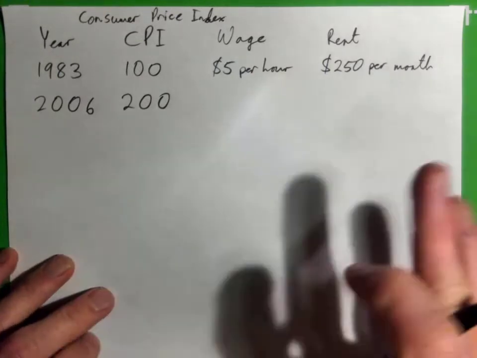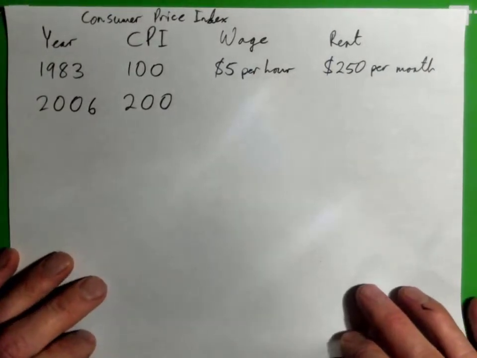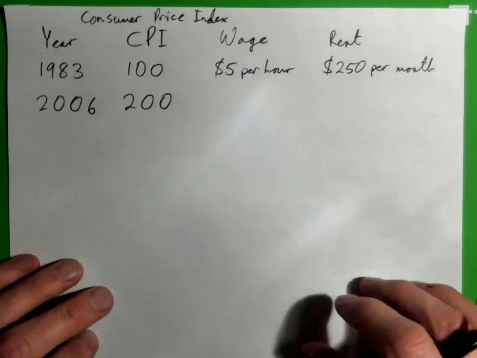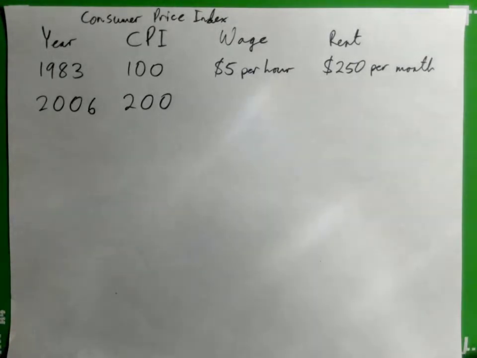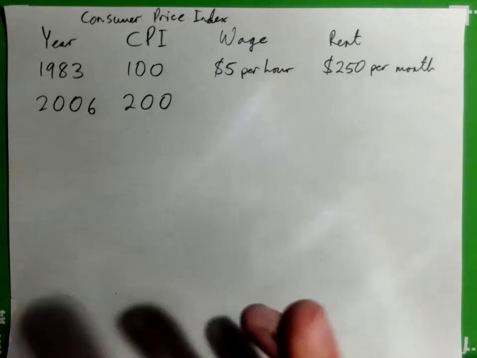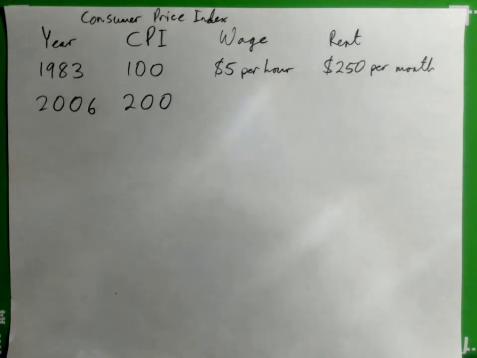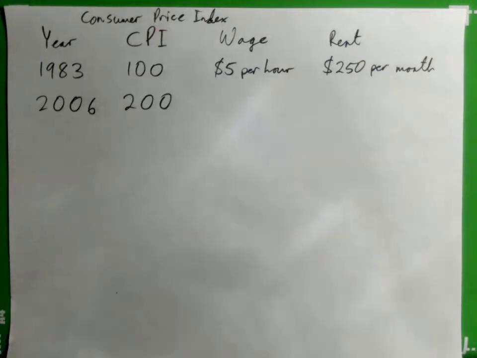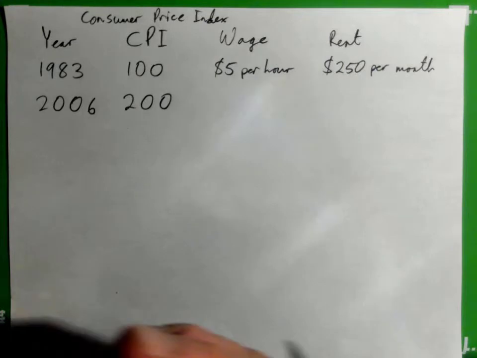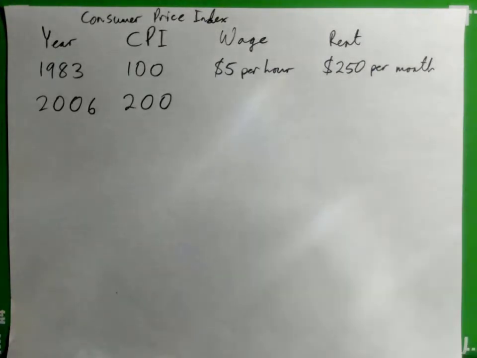Although it's not just groceries, it's not just like bread and milk. It's also health insurance and iPhones or televisions or whatever. All sorts of stuff. Dental, how much it costs to pull a tooth, right? So it's not just a basket of groceries, but it's kind of like an index for the average price of goods and services, stuff, right?